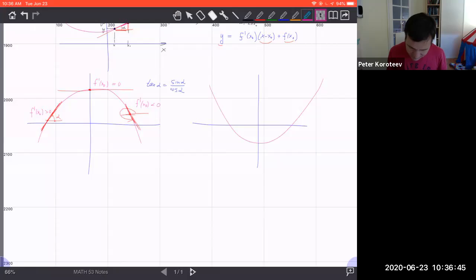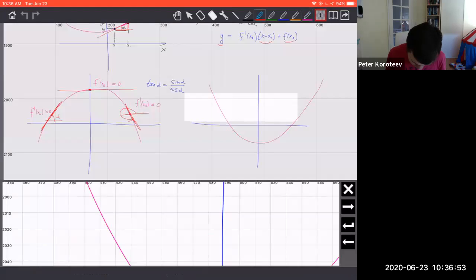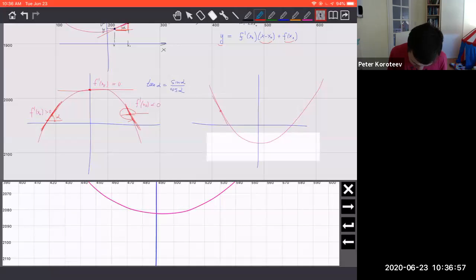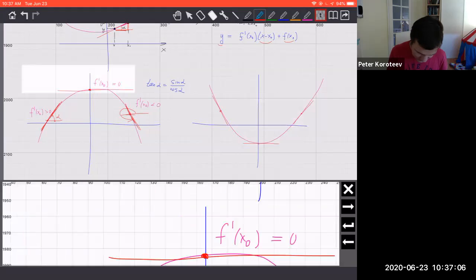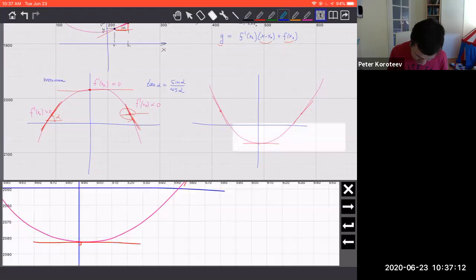So first, the derivative on the left part of this graph is negative, then it's 0, and then here it's positive. So this will be a minimum. So this is the local maximum. Here's the local minimum.